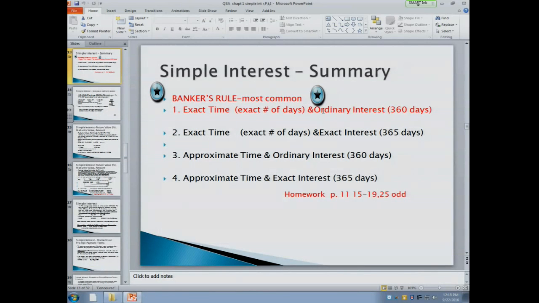The denominator would be ordinary interest, or you put 360 in the denominator. This is the most common in the banking industry, and in this class. There are three other options that I went over. I'm not going to continue with those.